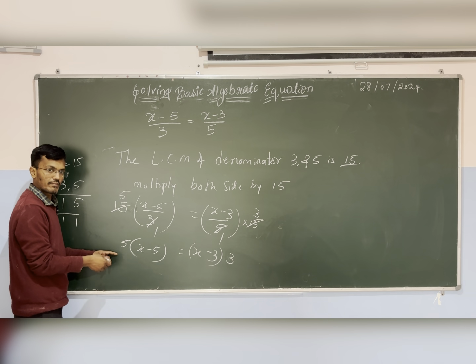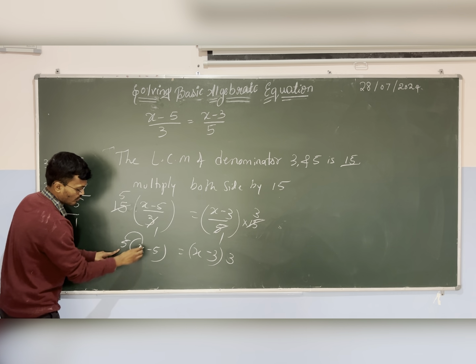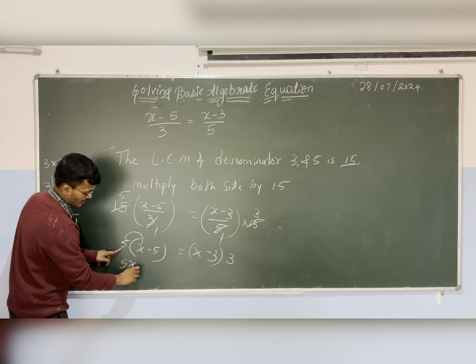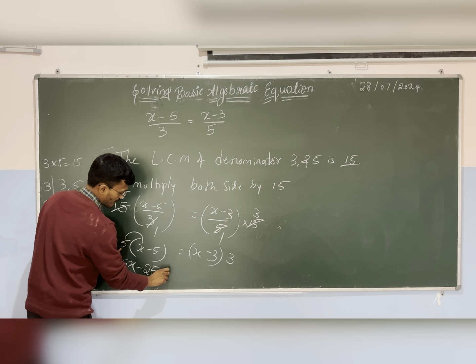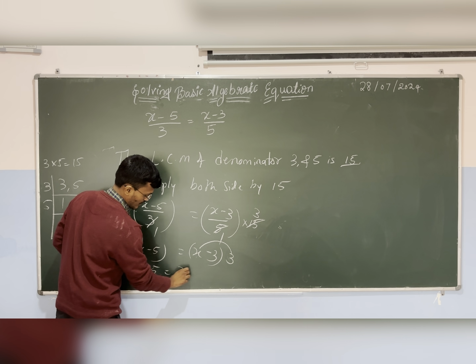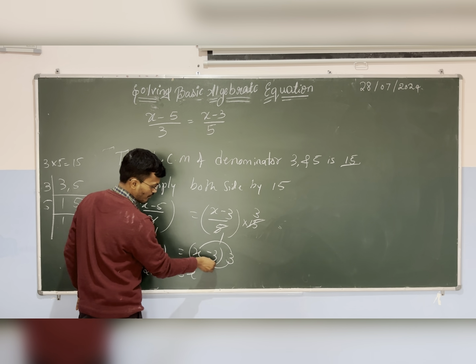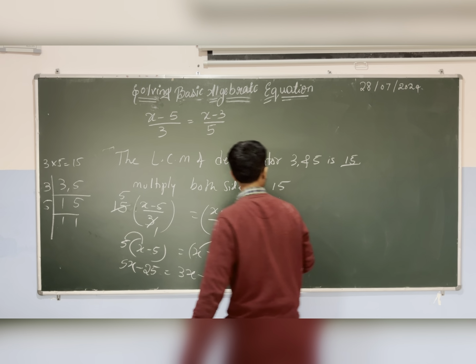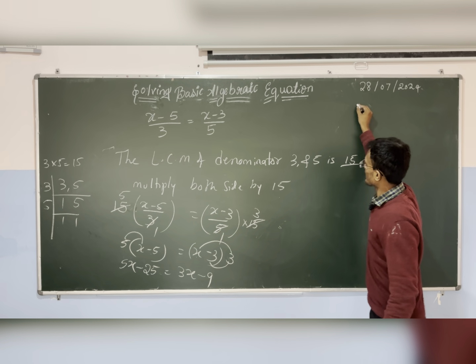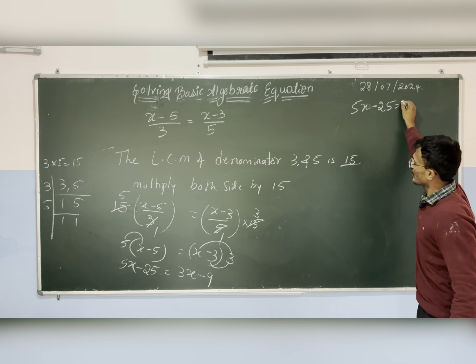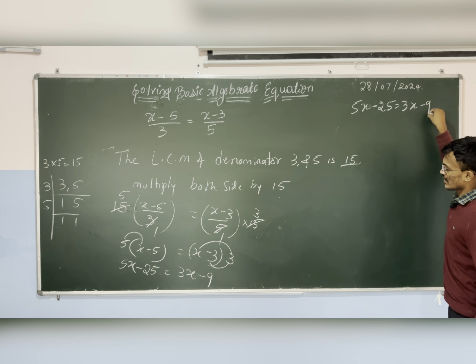Now open the brackets: 5 into x is 5x, 5 into minus 5 is minus 25; 3 into x is 3x, 3 into minus 3 is minus 9. So write on this side 5x minus 25 equals 3x minus 9.